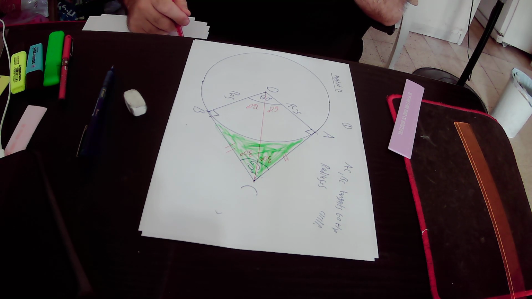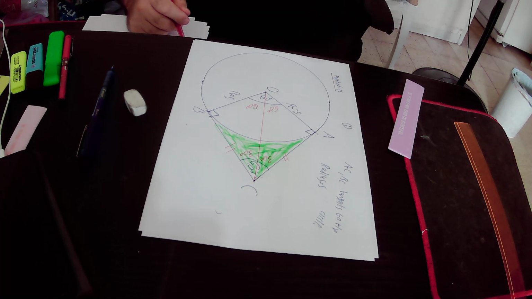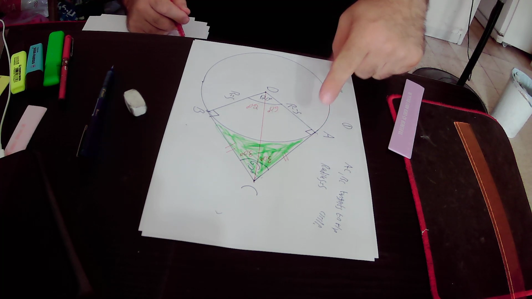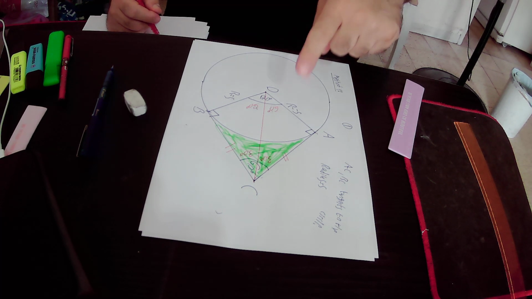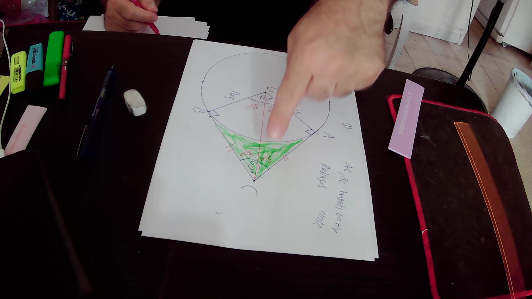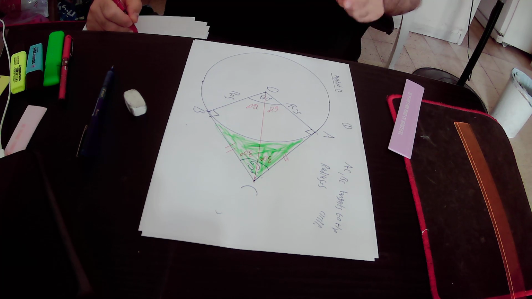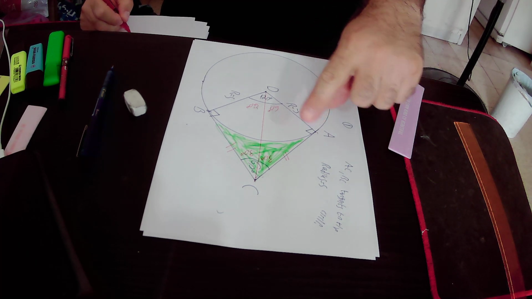So triangle AOC is a right triangle because angle OAC equals 90 degrees. Therefore, tangent of 30 degrees equals AO over AC.